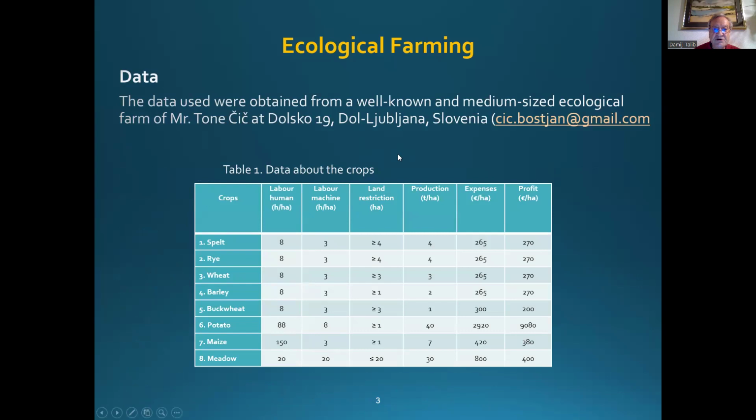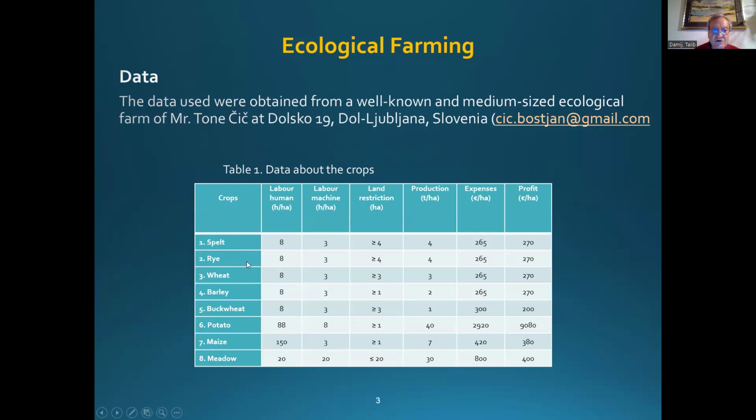Table 1 shows the data used in this work. We got this data from the owner of a well-known, medium-sized ecological farm in Dol, near Ljubljana, Slovenia.